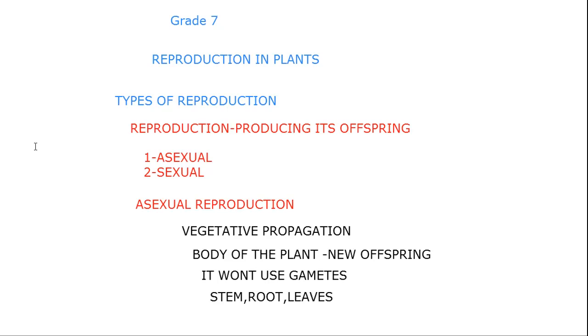Okay, fine. So now you just go with the vegetative propagation. First one we are going to see about stem. So stem is the main part of the body of the plant and that will propagate. That means it will produce its offspring. A good example is banana.